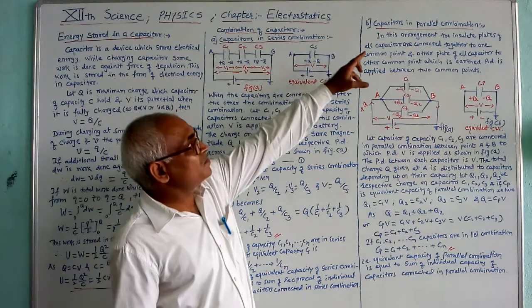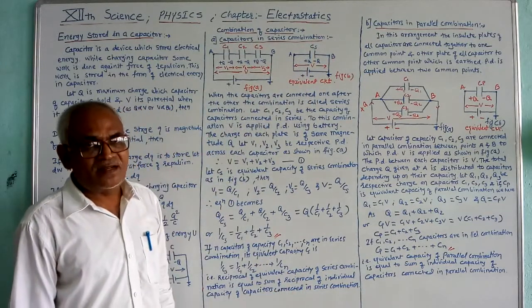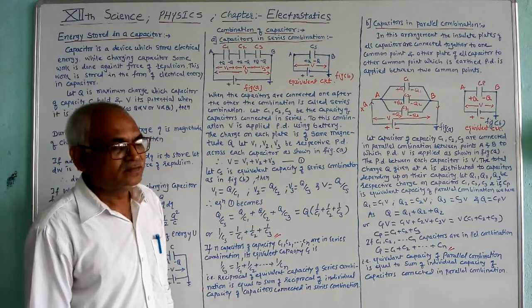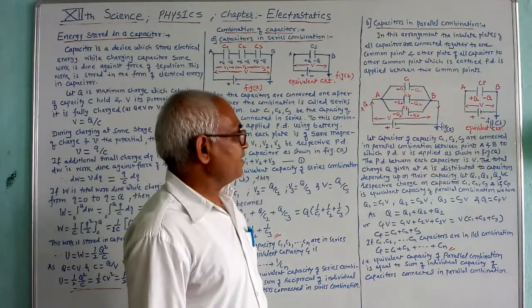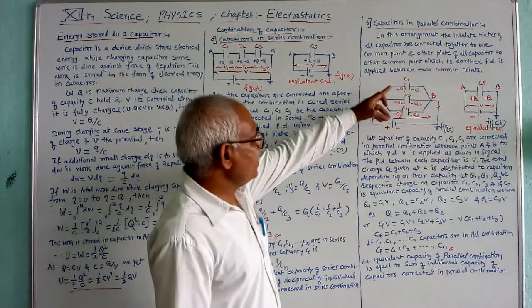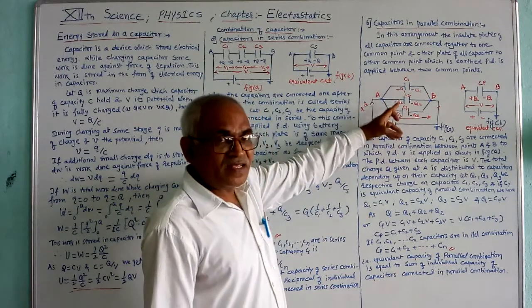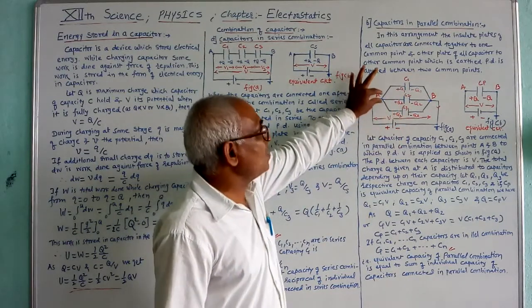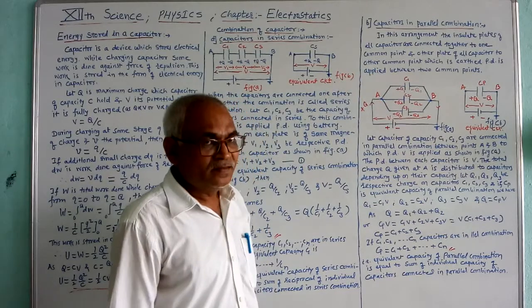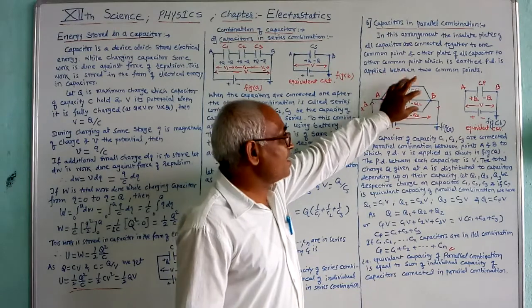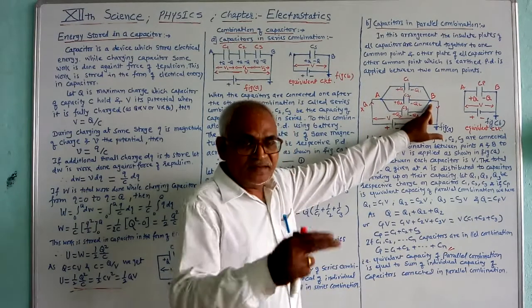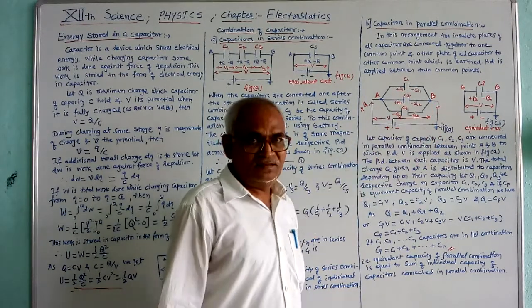After that, we have to see capacitors in parallel combination. Now here, in this arrangement, one plate of each capacitor is connected to one common point, and the other plates of all the capacitors are connected to another point, which is earthed.